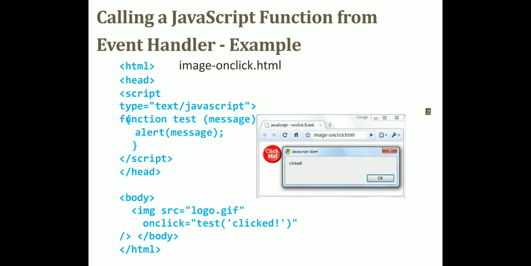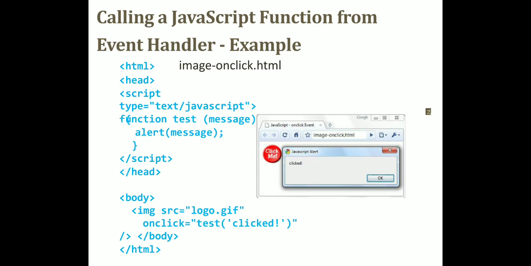In the head section we have included script type text or JavaScript, function test, message, and alert as message, and closed that script tag and head tag. In the body we have used one image, that is logo.gif, and onclick test clicked. The body section is closed and the HTML tag also closed.